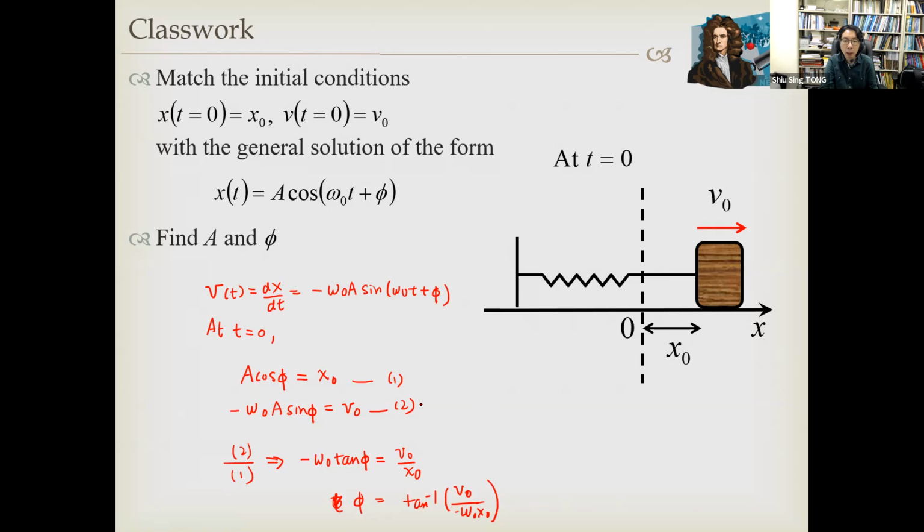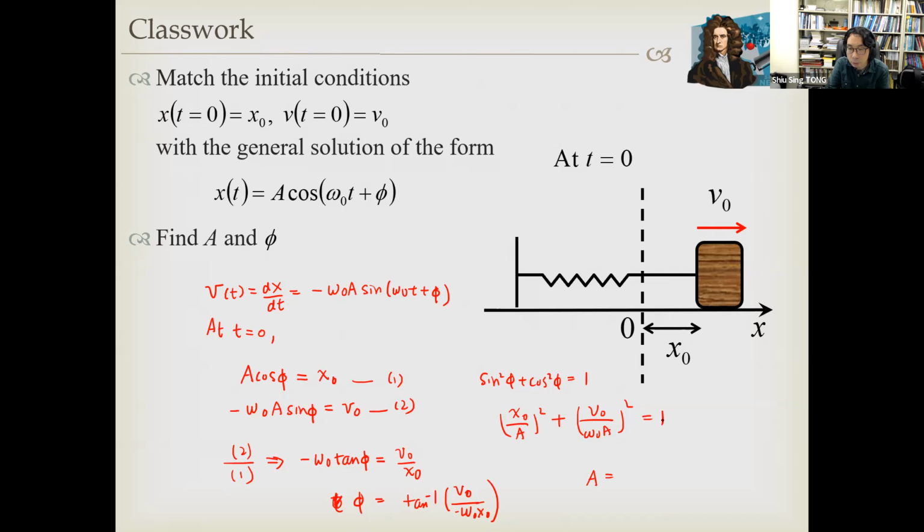Now it's easy because we can make use of the identity that sine square phi plus cosine square phi is equal to 1. So I square the equation and I move all the constants to the other side and employ this identity. So X naught divided by A, squared, plus V naught divided by omega naught A, squared, is equal to 1, right? So I can solve for A now.